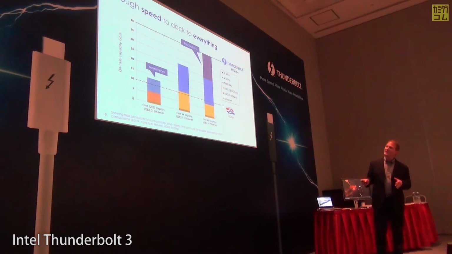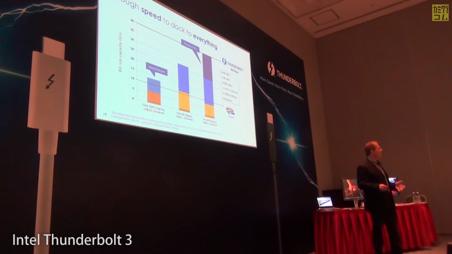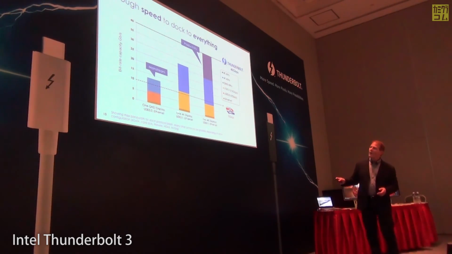This shows some examples of a user configuration and how much bandwidth they're using or need to do certain things. You can start with a mainstream example: a QHD display, which is a mainstream display today, USB 3.0 at 5 gigabits per second, and maybe an Ethernet connection. Even here, you're exceeding the USB limits and getting up near 15 gigabits per second. The middle one is maybe a 4K display, USB 3.1 at 10 gigabits per second, and Ethernet.